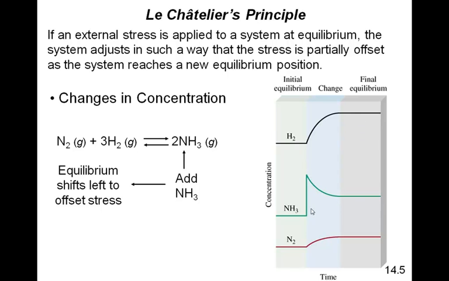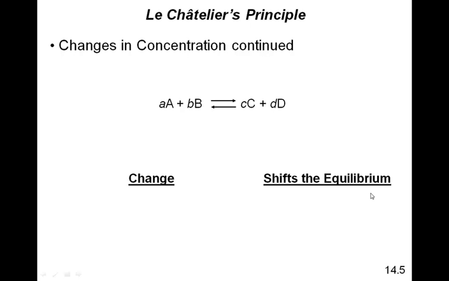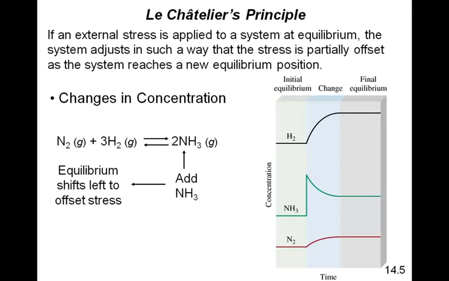We notice that the concentrations were not the same as they were initially. The NH3 concentration is still greater than it was to start with, but it has lowered, because as we showed you, the reaction has to shift to the left. It's going to make more H2 and more N2 while reducing the amount of NH3 that it makes, in order to remove some of that NH3.